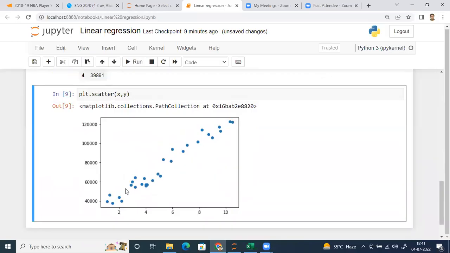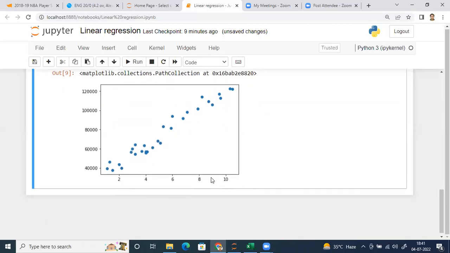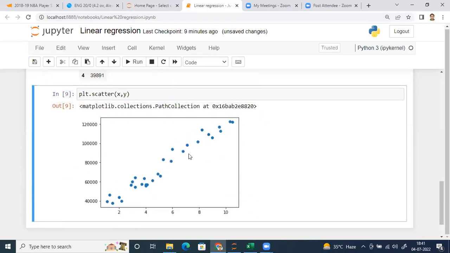Can you see, everyone? Please notice, is it somehow linear or not? When your experience is increasing, your salary is also increasing, right? Yes, sir.